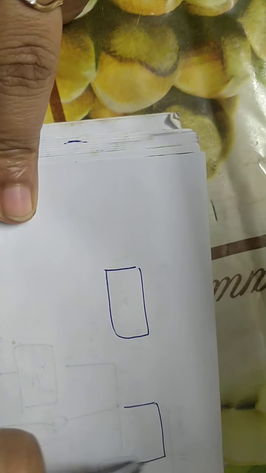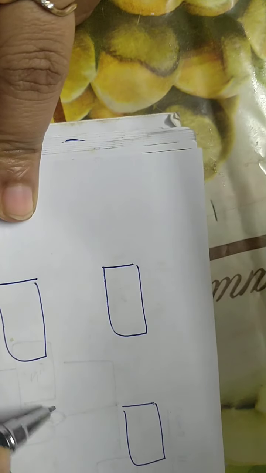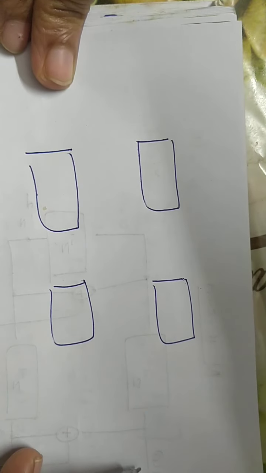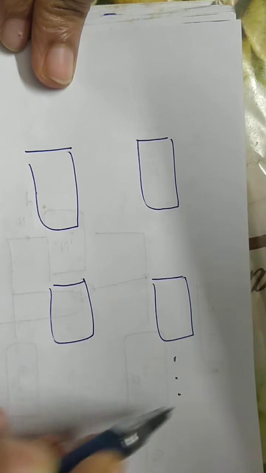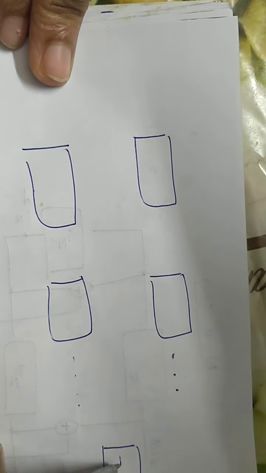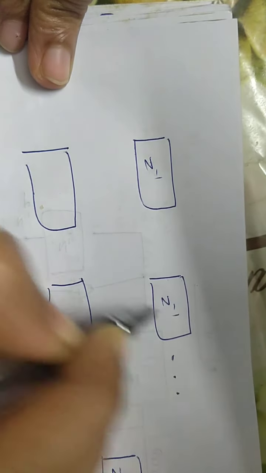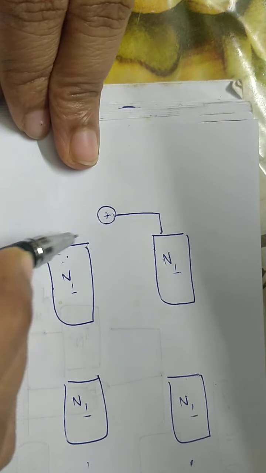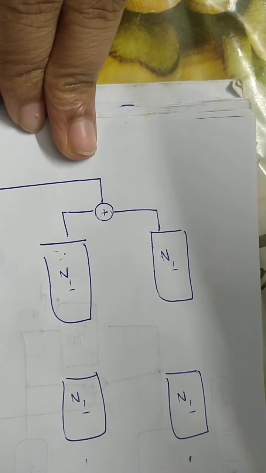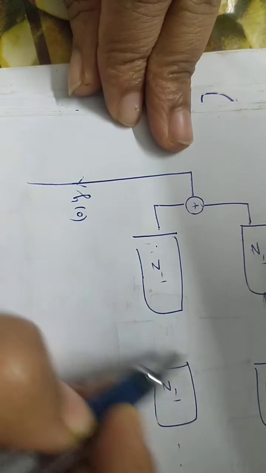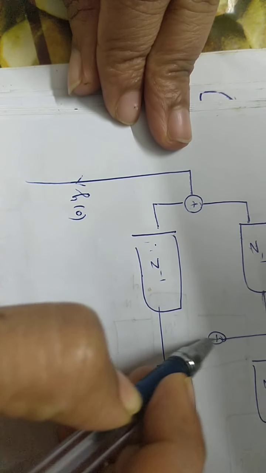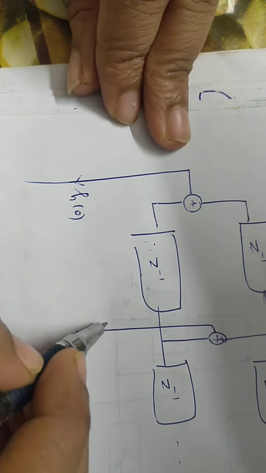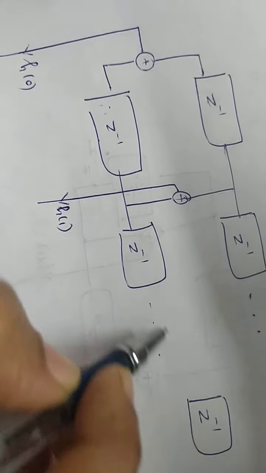If there are a lot of multipliers here, with z inverse, z inverse, z inverse, z inverse, z inverse, then these two are symmetric ones. These two are added and multiplied with h of 0. Then these two are symmetric, which are added and multiplied with h of 1, like that.